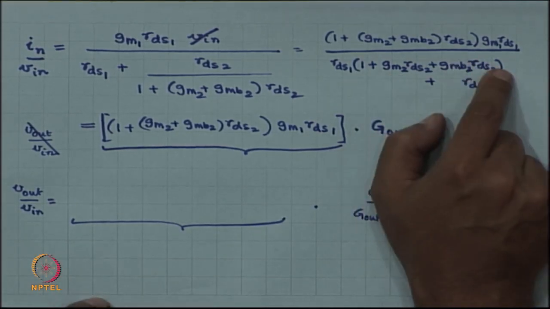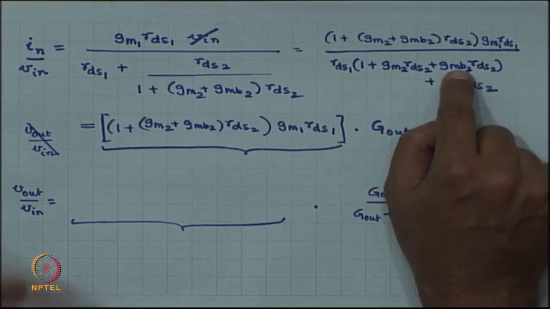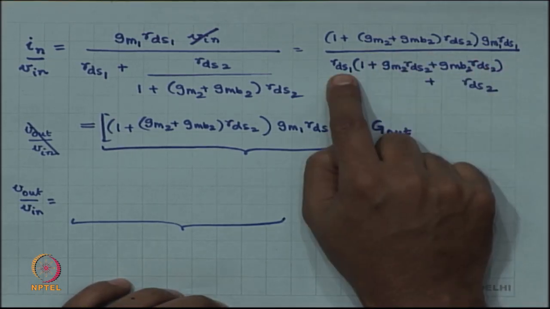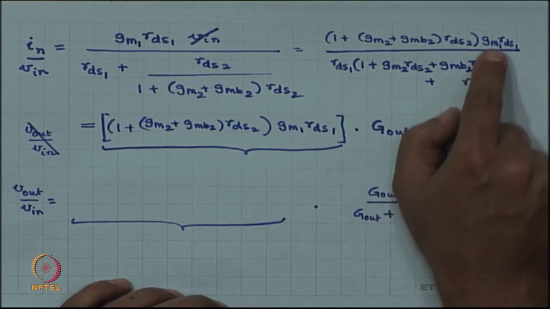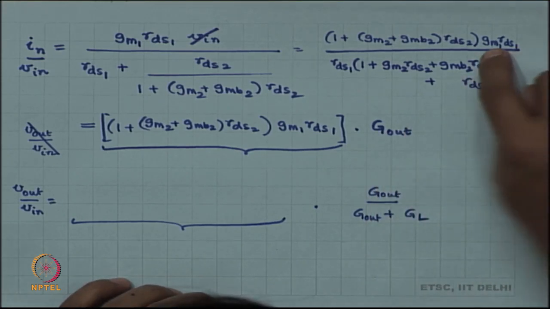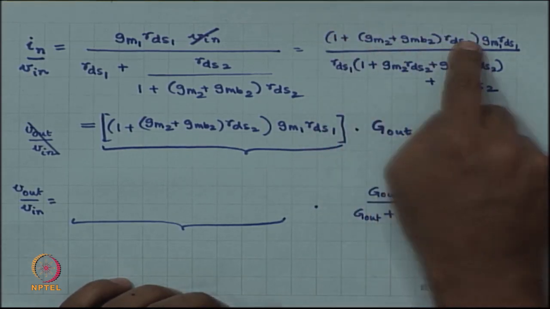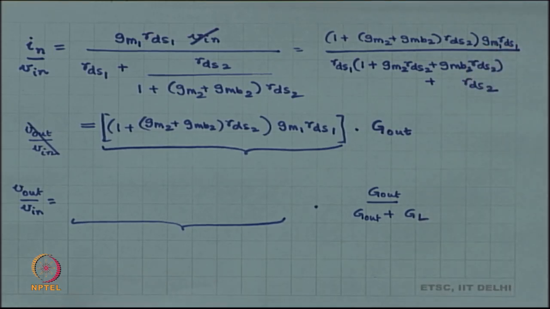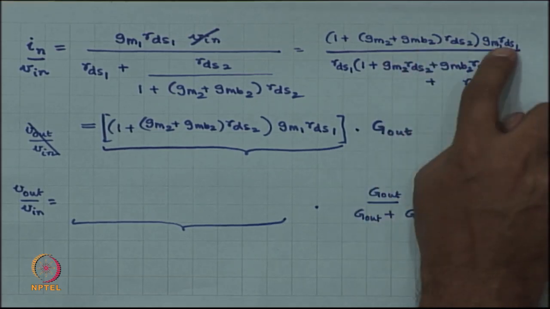So, this entire factor is of the order of 100, 1 plus 100, right, GMB2 is smaller, right. 100 times RDS1 plus RDS2, fine. And what have you got here? You have got exactly the same thing, 100 times RDS1 times GM1. So, you have got 100 times RDS1 plus RDS2, 100 times RDS1 times GM1.